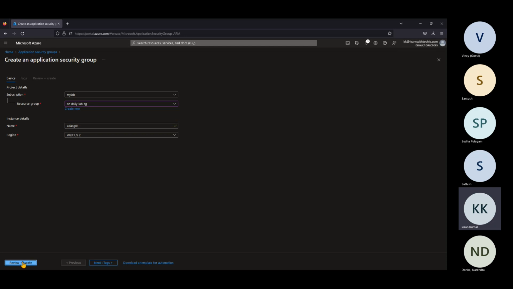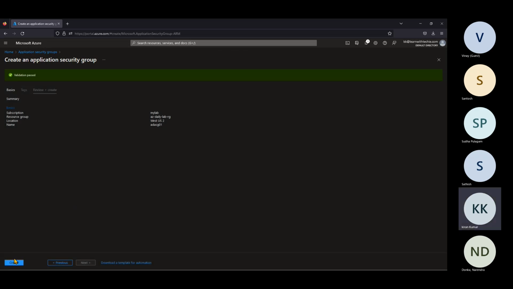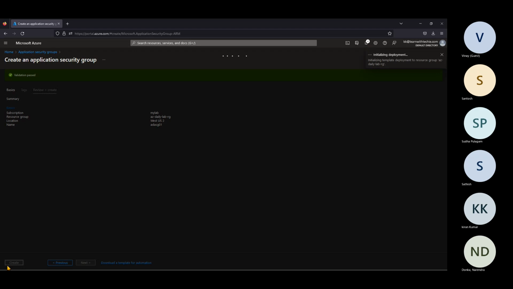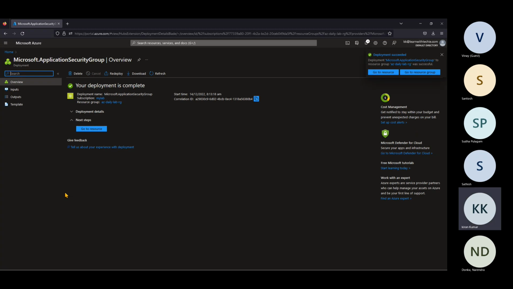Okay, application security group is created.